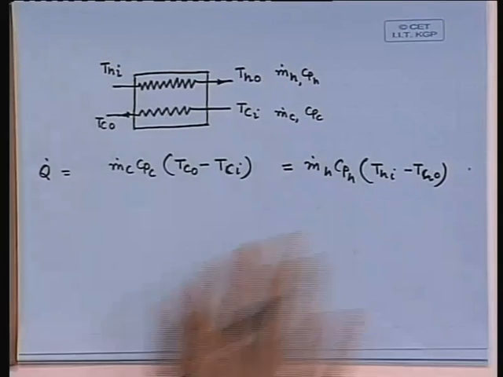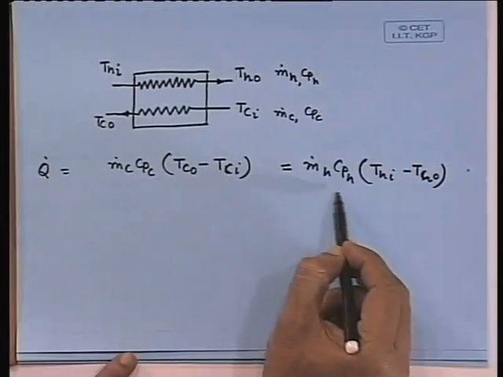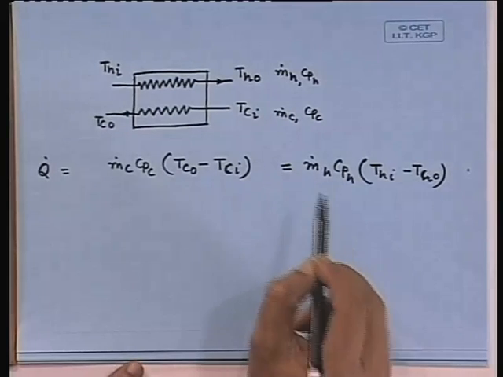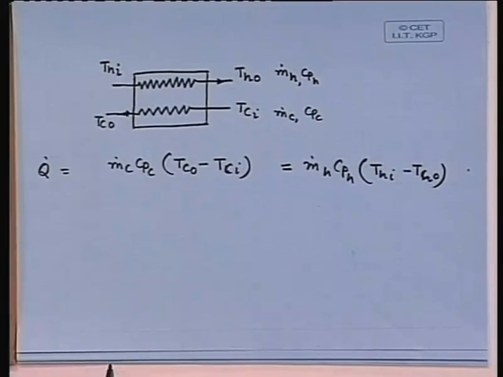Now, which change in temperature will be higher? We cannot say whether it is the cold medium or the hot medium. We can only say that for the medium for which this product is small, we will have the highest temperature differential. All right.